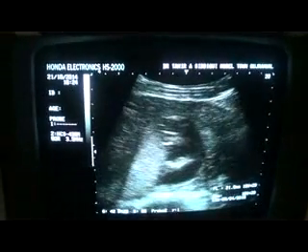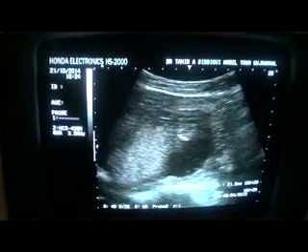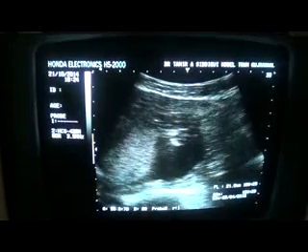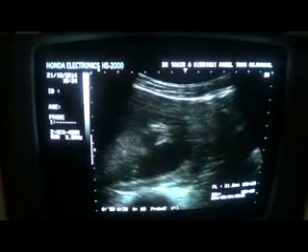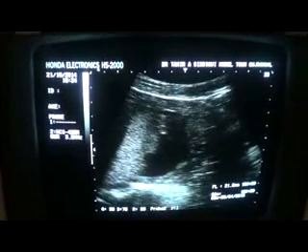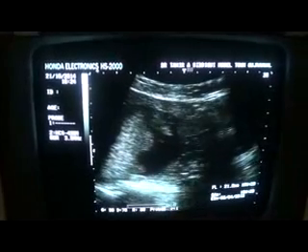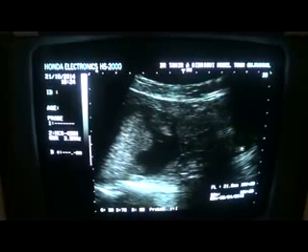Here we are. You can see the dilation, because this area is that of the urinary bladder.